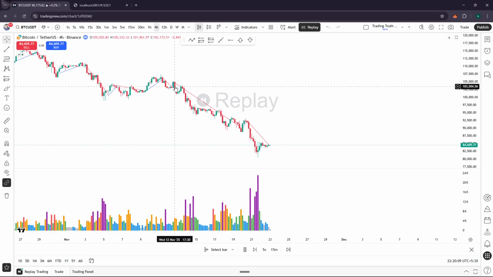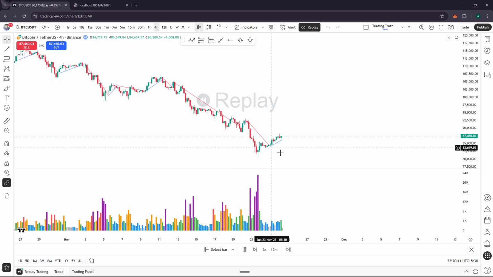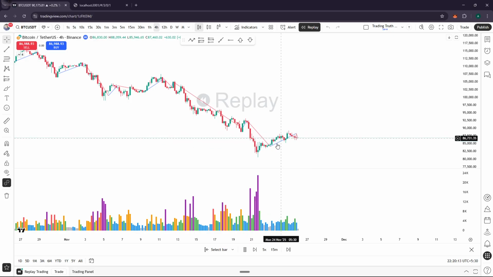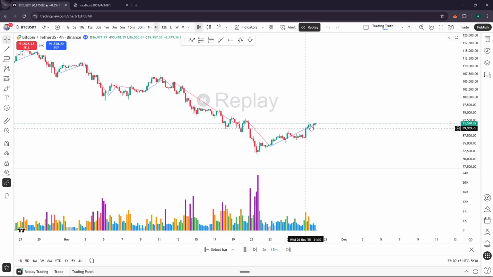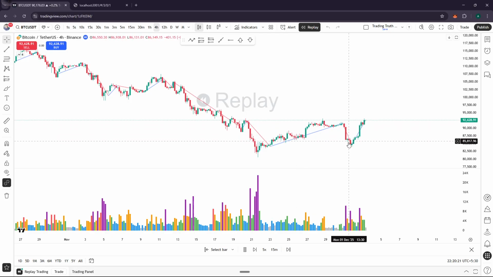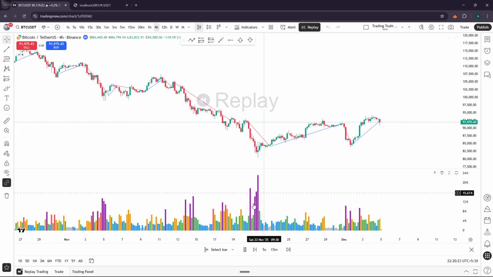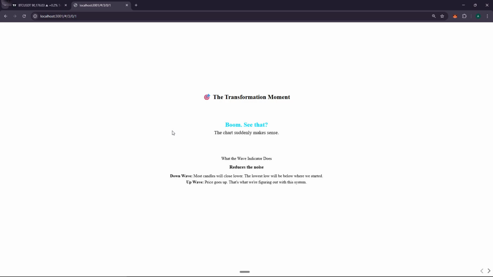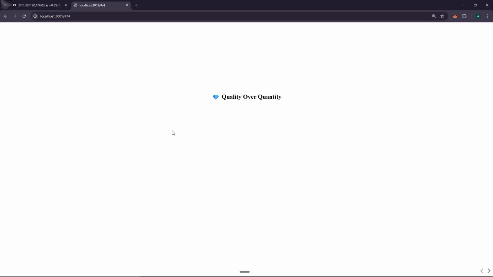So see, it's adding candles, and you can see as the up wave goes, most of the candles are closing up. That's why we call it an up wave. On a down wave, most of the candles are closing down. So this is how we can filter the market noise, and it's as simple as that.